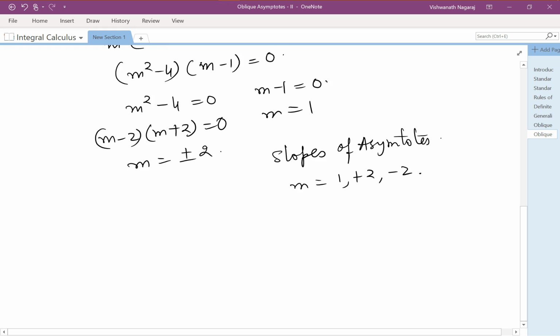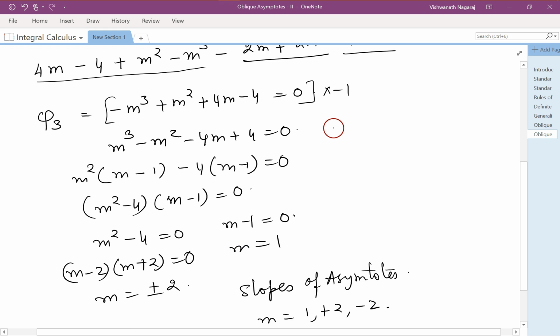Now what we have to figure out is the y-intercept, and the expression for that is −φ(n−1)(m) by φn′(m).